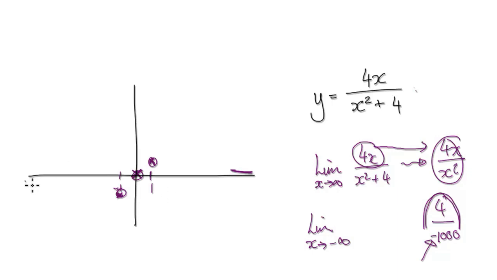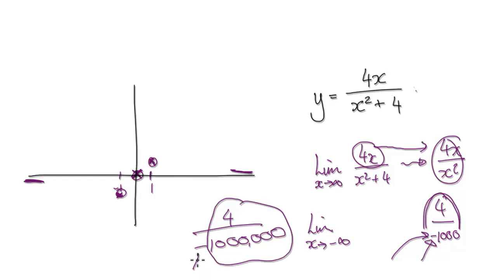It's going to approach 0 from below because there's a minus here. Imagine putting -1 million in there. You know that this is going to be very small, and there's a negative sign there, so it's going to be like this. So we can guess it's going to look something like this.